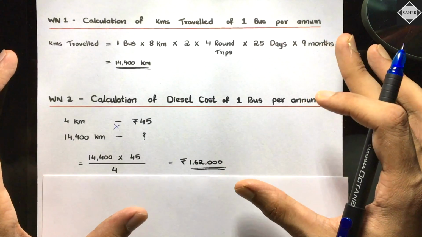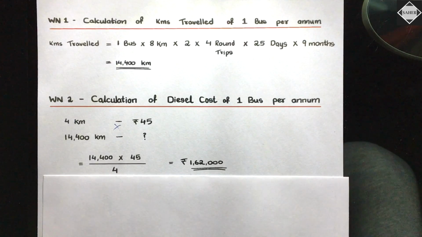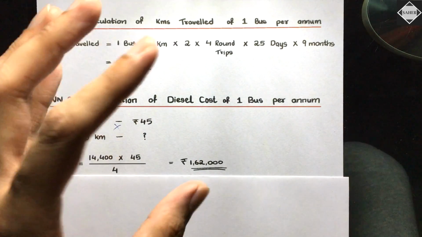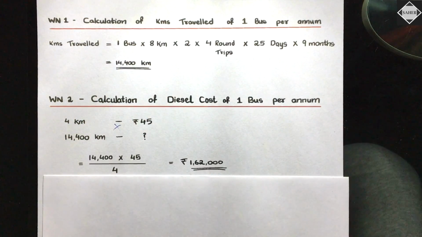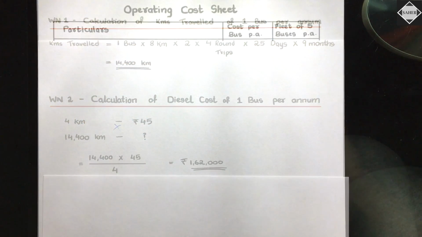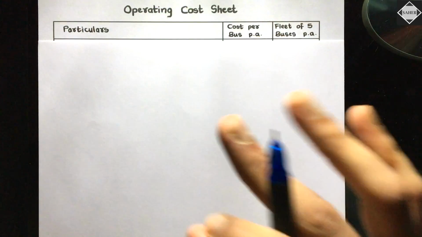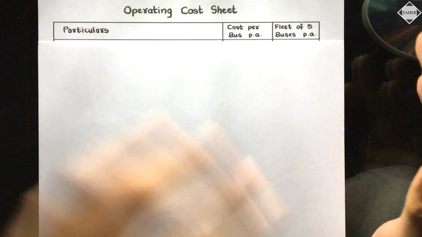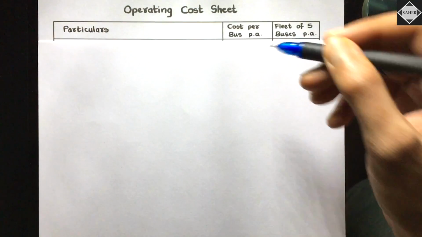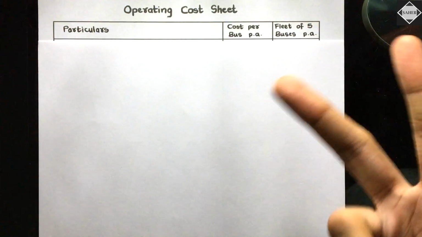Now after this, we are going to prepare the cost sheet. We'll prepare the cost sheet and then we'll see what problem arises, and regarding that we will prepare the working notes. Let's go to the operating cost sheet. Now see, here we have the operating cost sheet. It's really simple. You can also call this a statement of cost. The particulars column is there, and then we have the total cost columns.